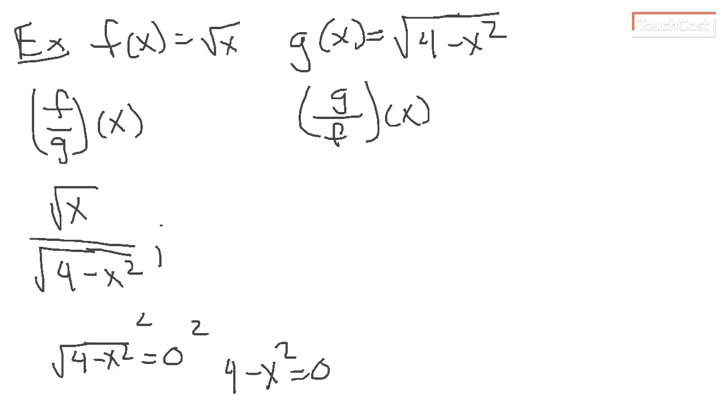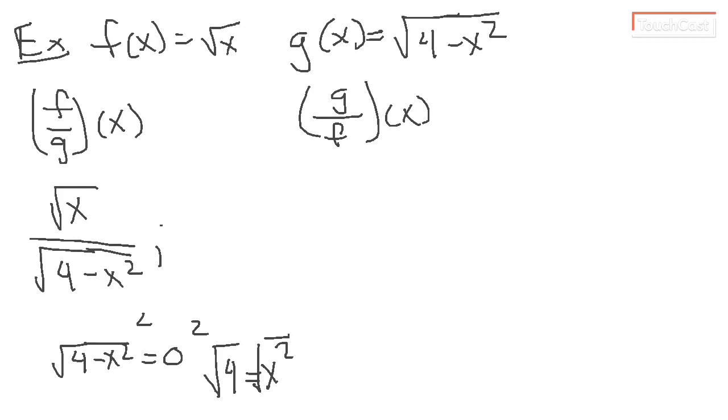And then if we add x squared to both sides, we would find that 4 is equal to x squared, and take the square root of both sides.